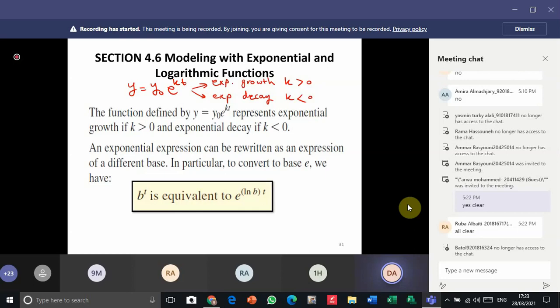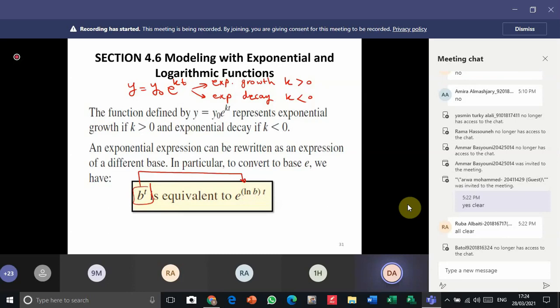now also, any exponential, for example b to the power t, we can rewrite from base b to base e by using e to the power ln b multiplied by t.